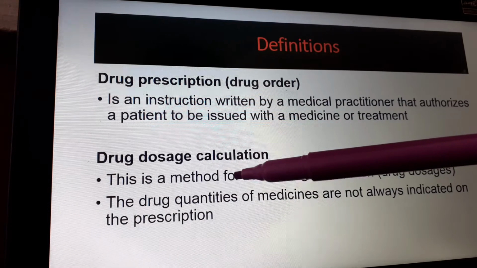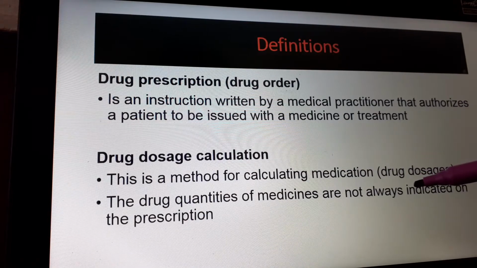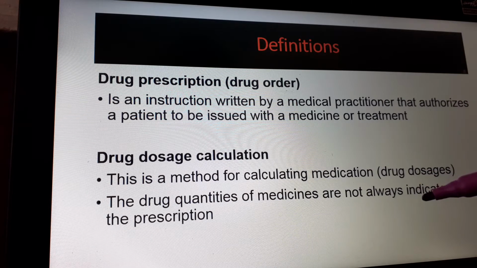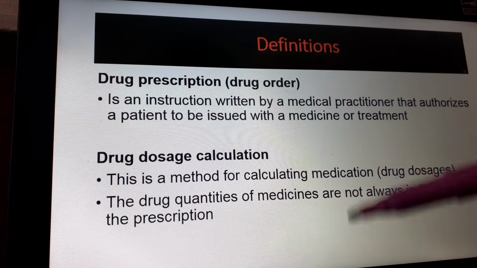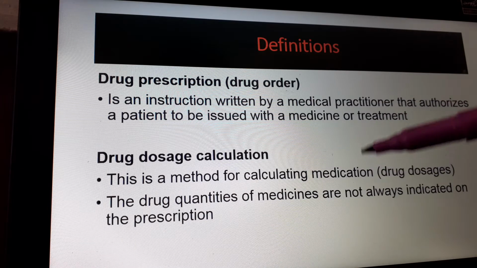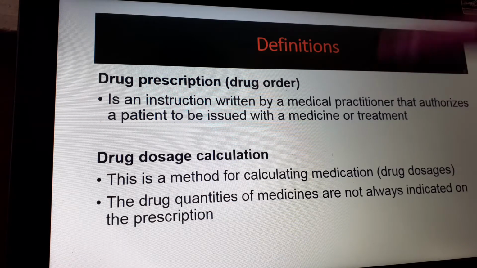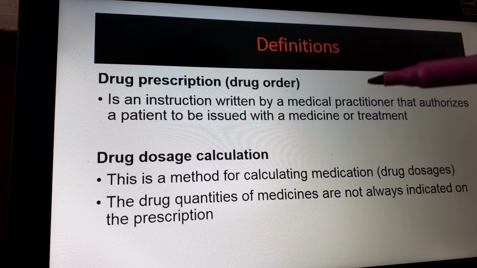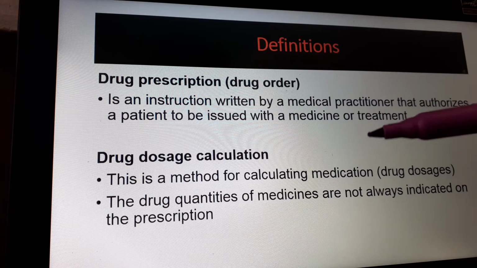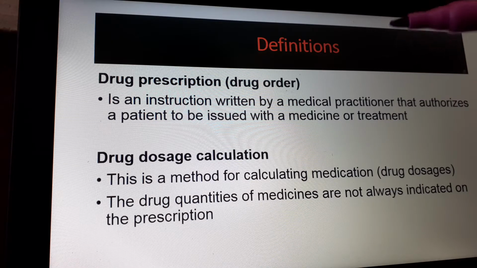Drug dosage calculation is a method of calculating medication or drug doses. The drug quantities of medicine are not always indicated on the prescription. So the prescription doesn't indicate the amount that you should give to the person, or the amount prescribed and the amount of the drug as it is prepared may not be equivalent.